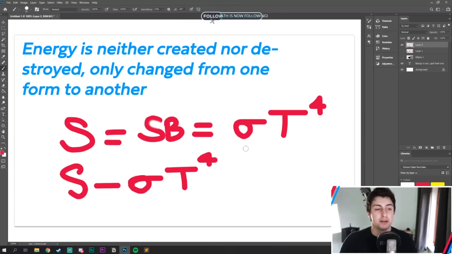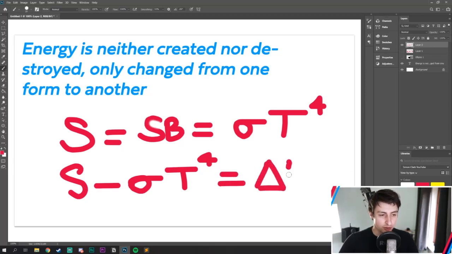And then this is the amount of energy radiated out by 1 square meter. If we wanted to make it so that this is the total energy incident on the entire planet, then we'd multiply this term by the surface area of the whole planet. So the difference between these two is then the change in internal energy, which in thermodynamics you normally would write as delta U, like that.